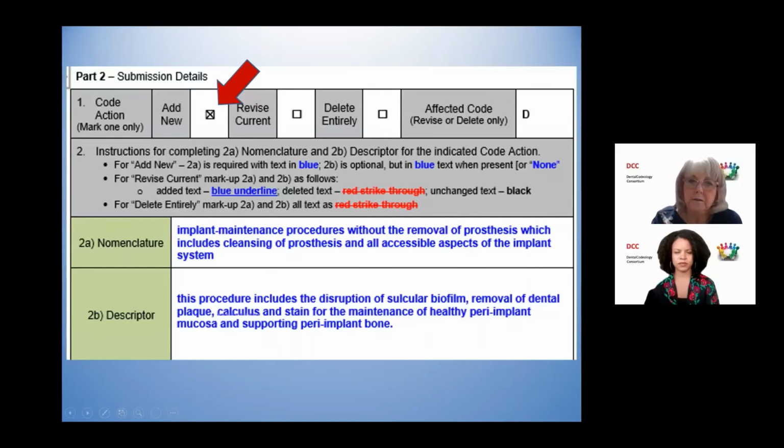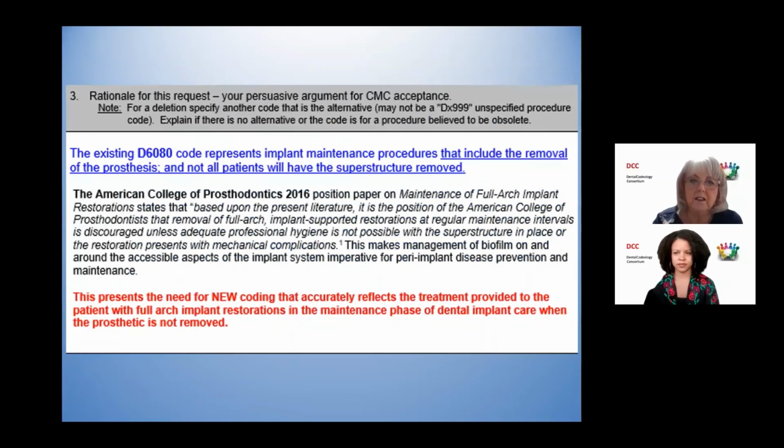We've submitted numerous implant maintenance procedures over the last few years, and they've tended to reject them, saying they can go into different categories. Like D6080, I reminded them that it was removal of the prosthesis, but not all patients need to have it removed. In fact, the American College of Prosthodontics said, no, you shouldn't remove some of these. So we tried to get them more current.